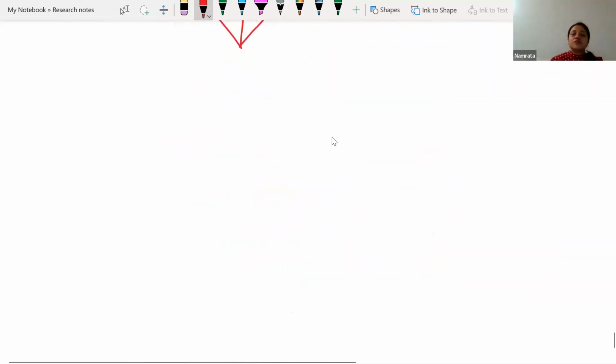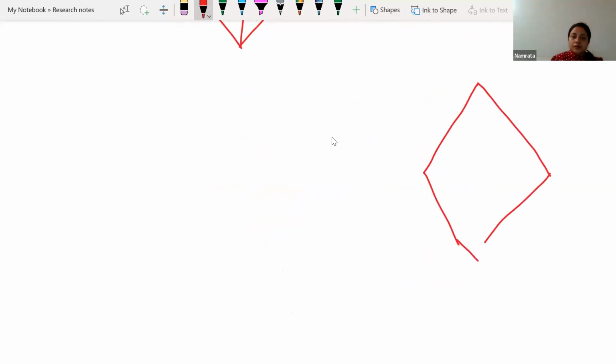But for this question, I am freshly drawing a kite. Kite is like this. We have to find the area of this first, this second, and this third. What we know is that the diagonal is 32 centimeter.